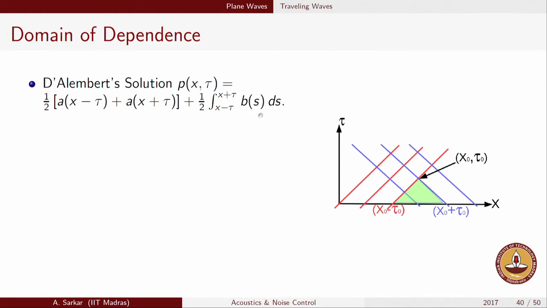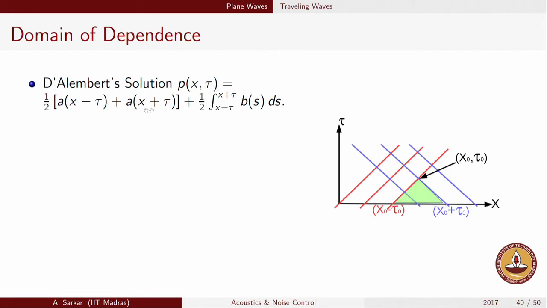But look at the new part that we have got, which is dependent upon the initial conditions in terms of the derivative. B is obviously coming from the fact that at the initial condition there is a specification of the time derivative of p, that is B. But the solution at x comma tau does not depend on B over the entire values of x. It depends upon the values of B only within these two end points, right.